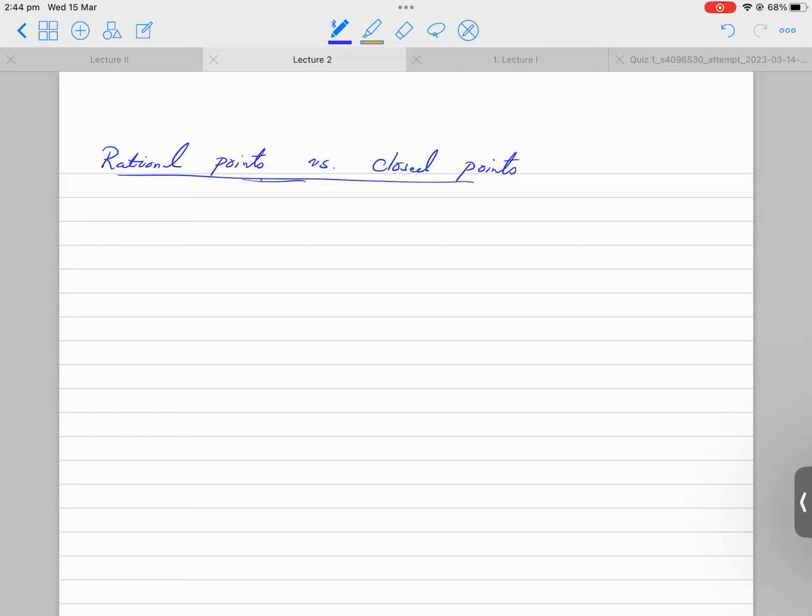Okay, so let's be very explicit. Suppose you're given a plane curve X, defined by f(x,y) = 0, some polynomial. If you want, you can think about an elliptic curve. So, example: what do we mean by a point on this curve?